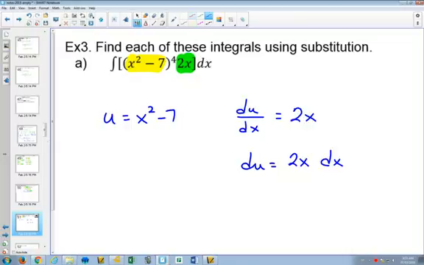Now we can go back to our original equation and rewrite it. We've got u to the power 4, and instead of having to write 2x dx, we can now write du.